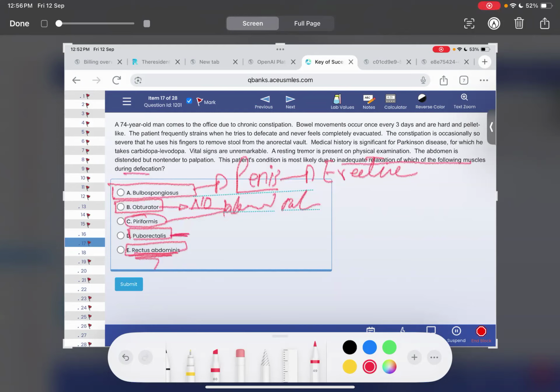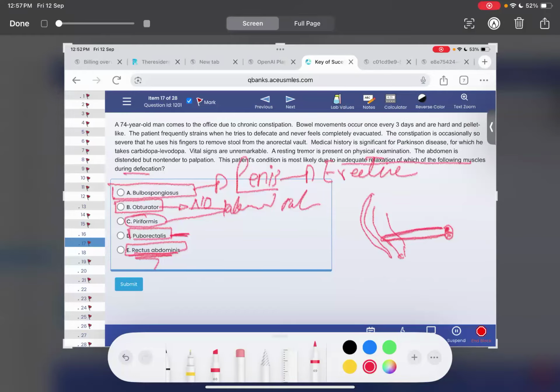So puborectalis, for example: this is your pubic symphysis, and here your backbone. Here is your sigmoid colon and then rectum. The puborectalis muscle starts from the pubis, goes around the rectum, and inserts back into the pubis.